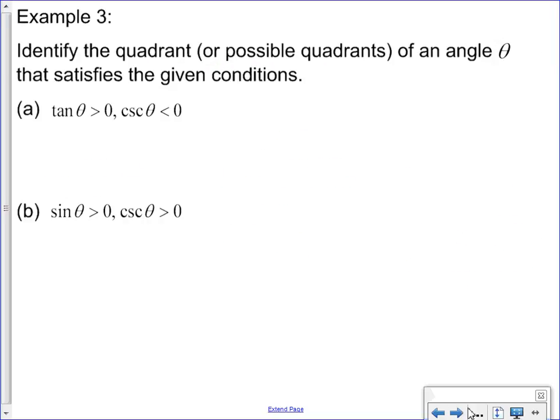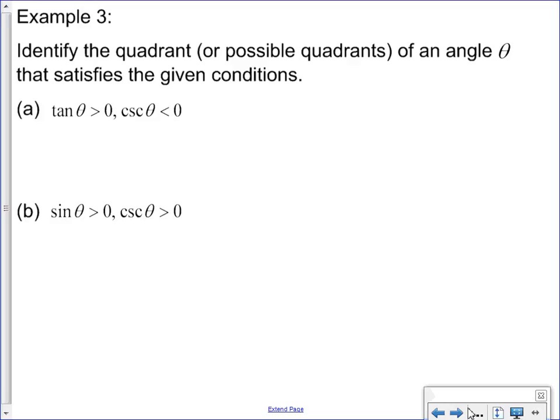What quadrant are you in? This is the baby step to help you with the bigger word problems later. You have to know what quadrant you're in order to do the math. So here are the clues. Tangent is bigger than 0.